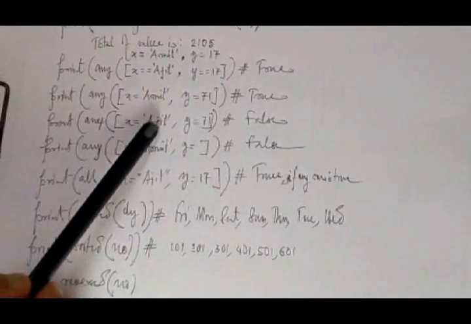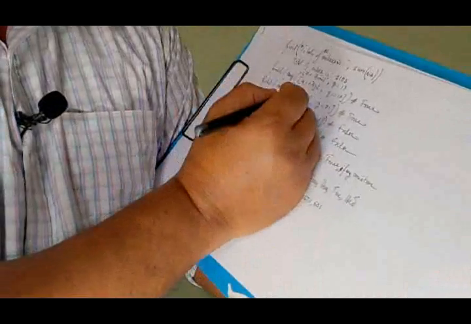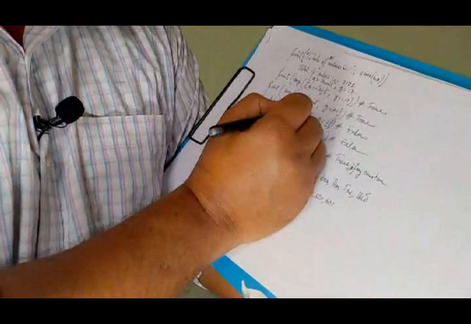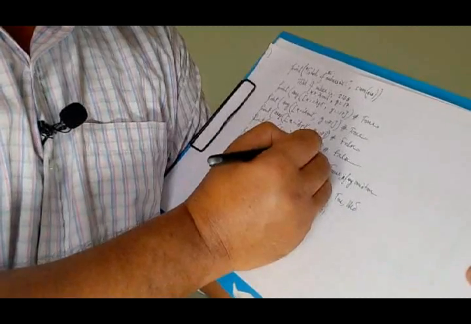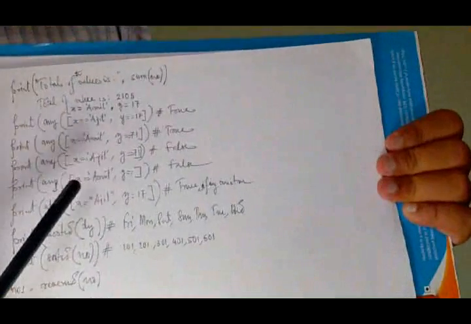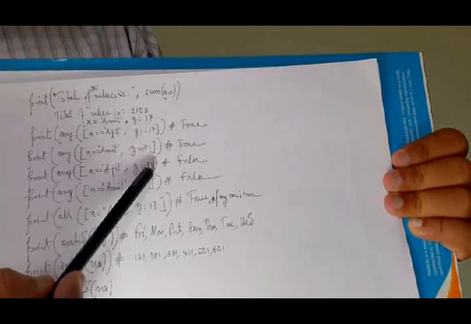Any, x is equal to Ajit, y is equal to, double equal to. This is double equal to. Ajit and y 71.